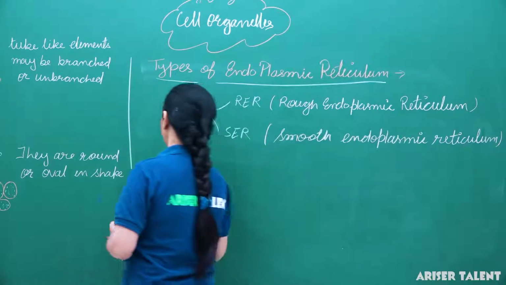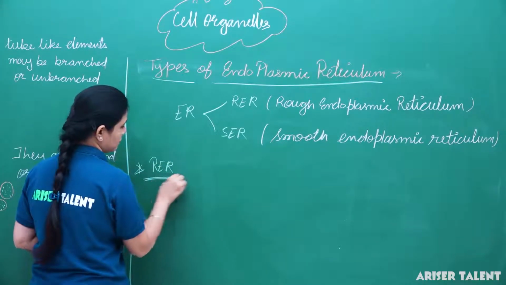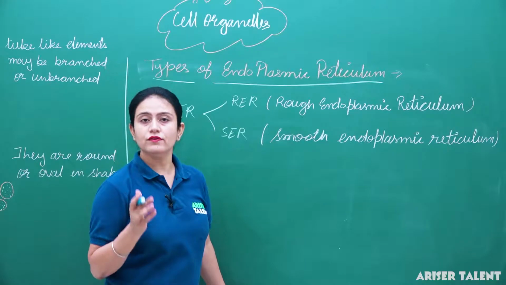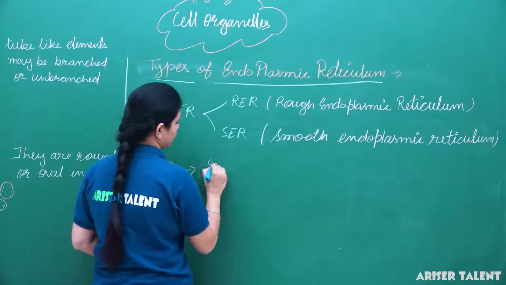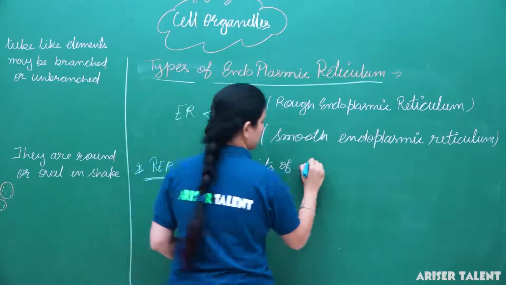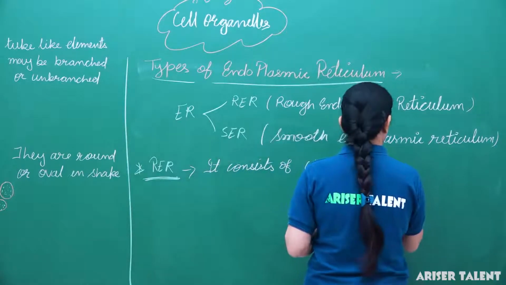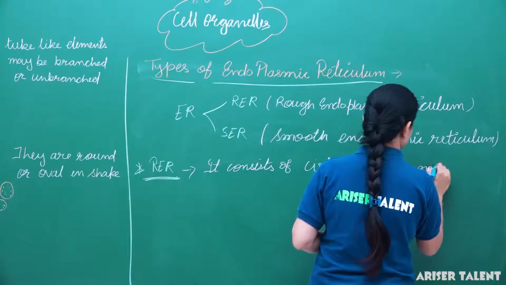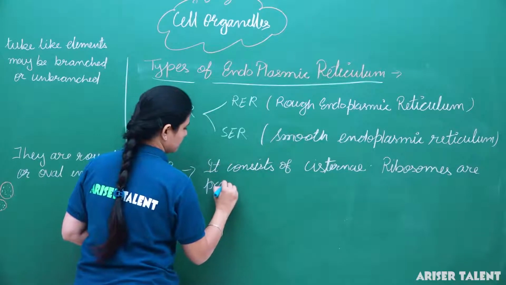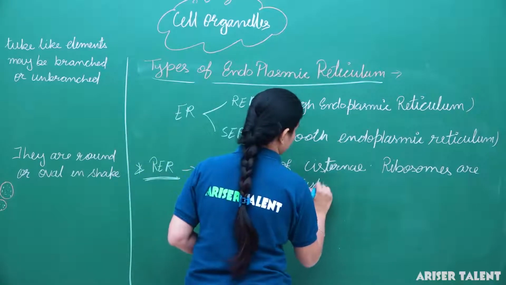So first of all we will talk about rough endoplasmic reticulum. Rough endoplasmic reticulum generally consists of cisternae. Ribosomes are present on its cytoplasmic surface.